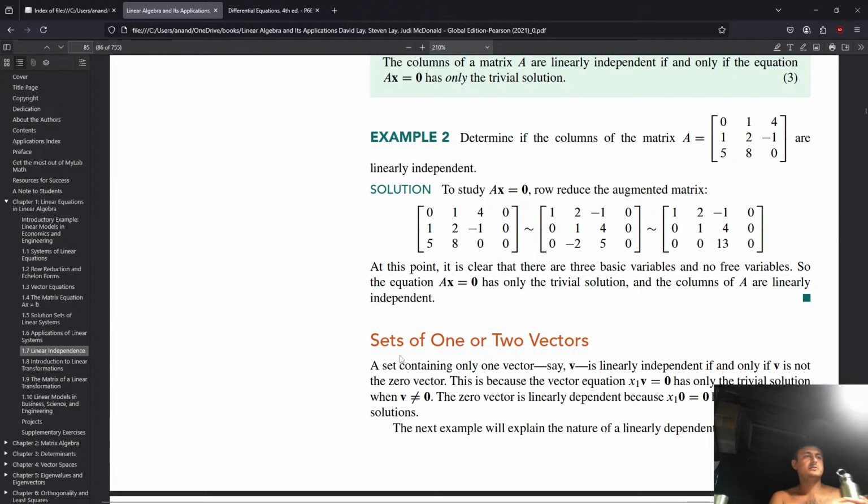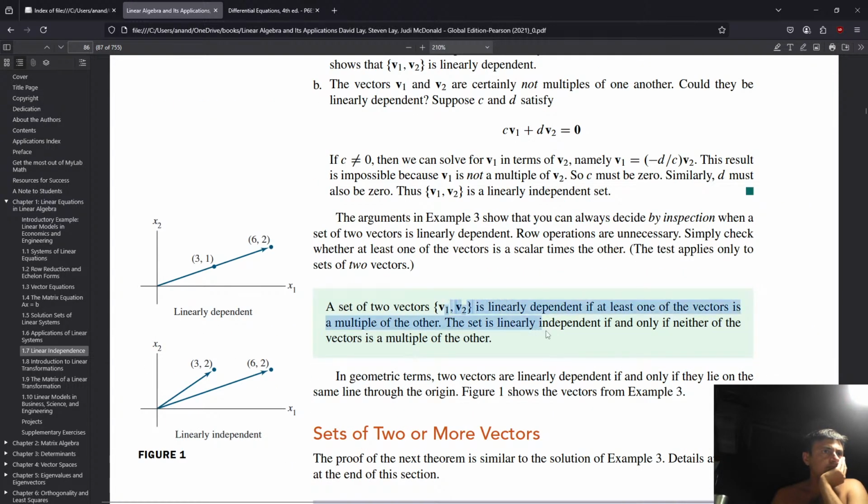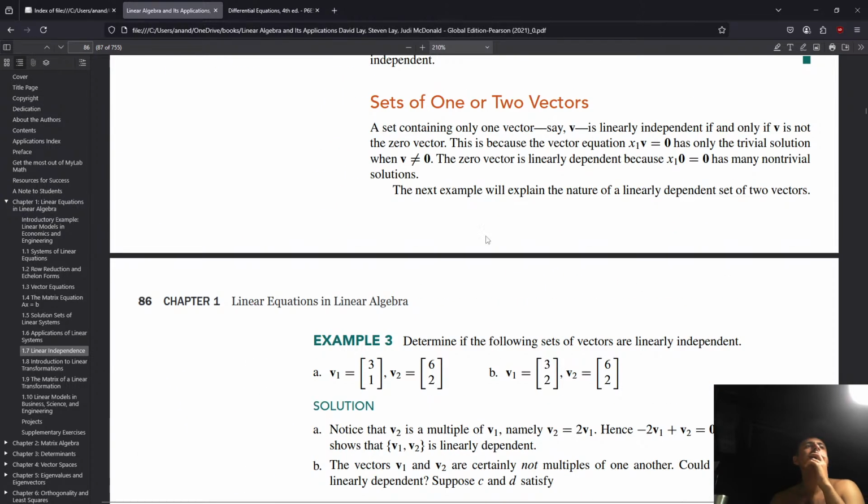Sets of one or two vectors. A set containing only one vector, say v, is linearly independent if and only if v is not the zero vector.